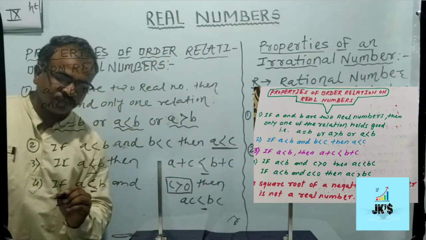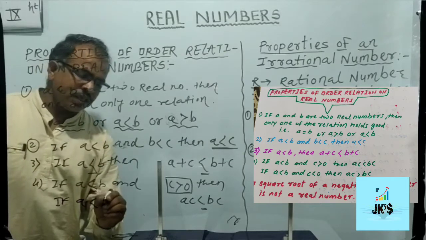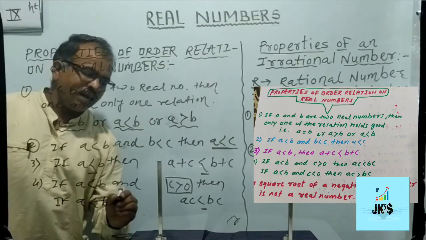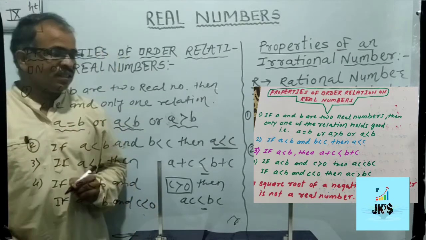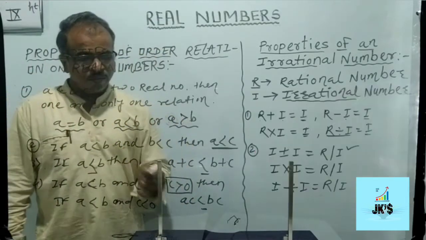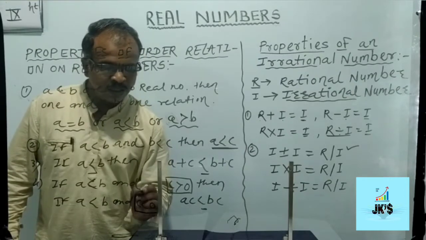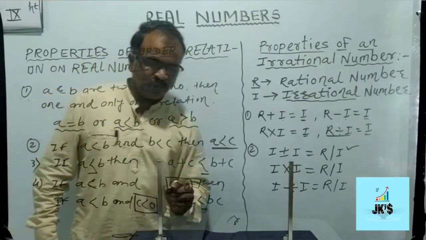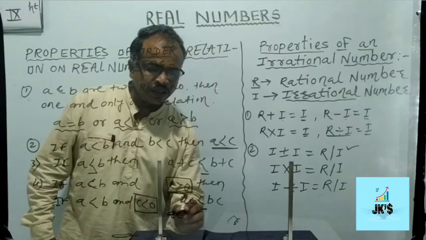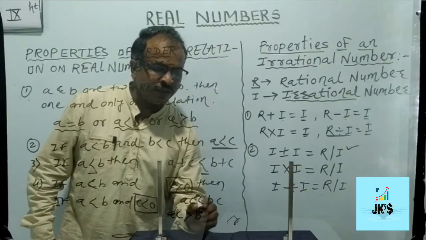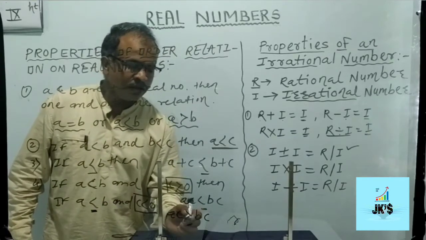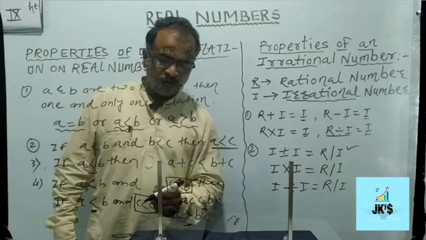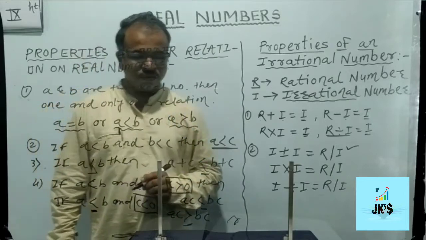But if A is less than B and C is less than 0, meaning C is negative, then AC is greater than BC, which means the relation gets changed. Why? Because C is negative.